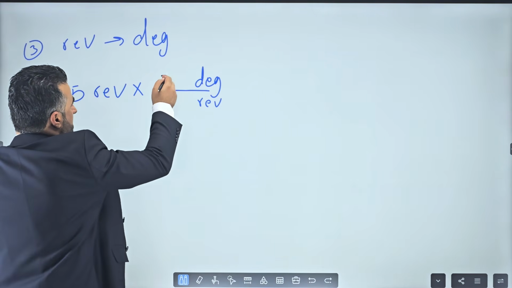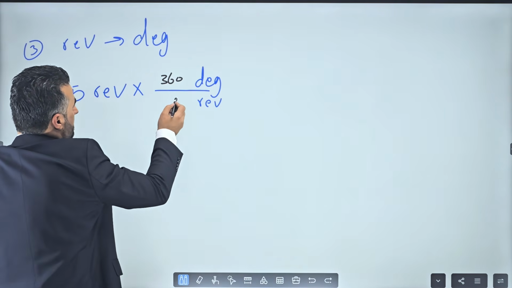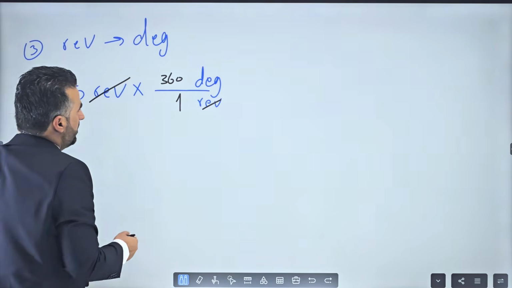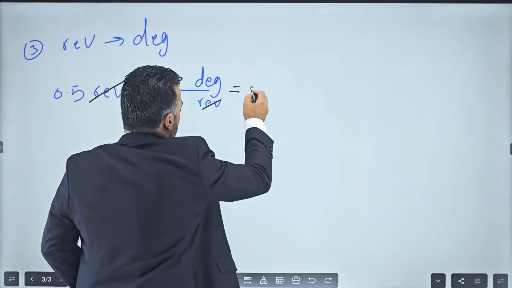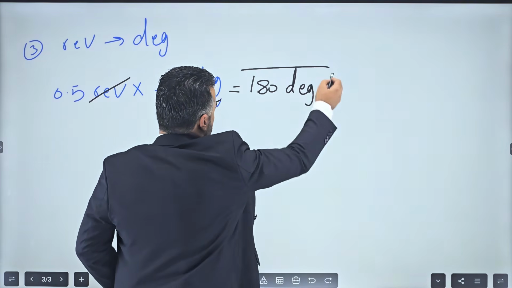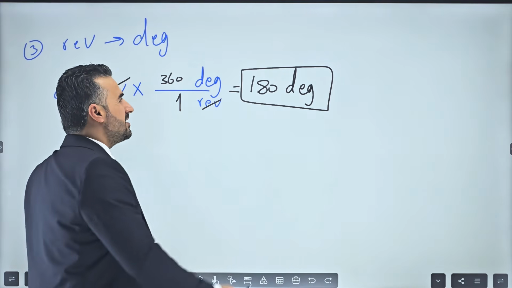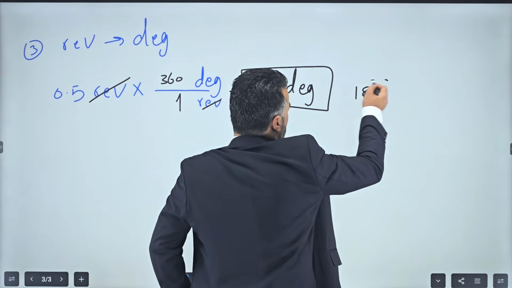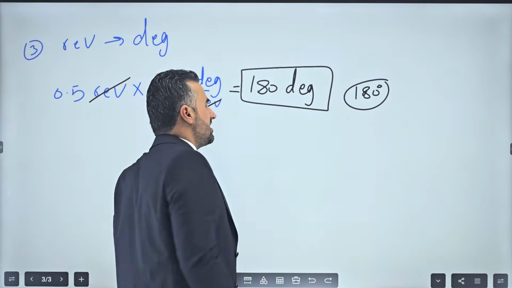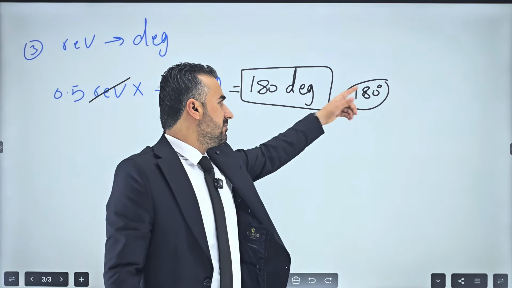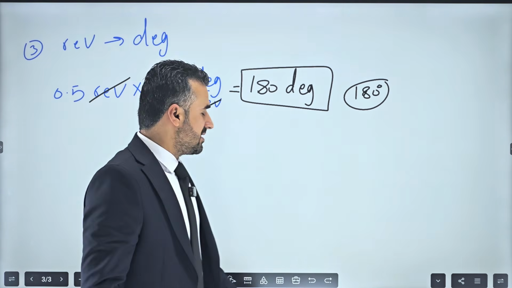Beside degrees, it was 360. Beside rev, it was just 1. So these 2 will cancel out here. 0.5 times 360 equals 180 degrees. And that is as simple as this. Now you can write degrees like this, or you could just write 180 with this small circle here. But for now, so that you can see the name clearly, we'll just write it in this format. Maybe later we'll write it this way.